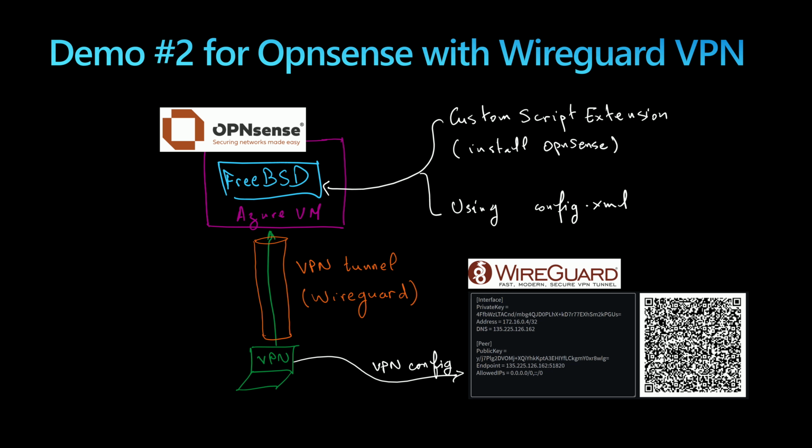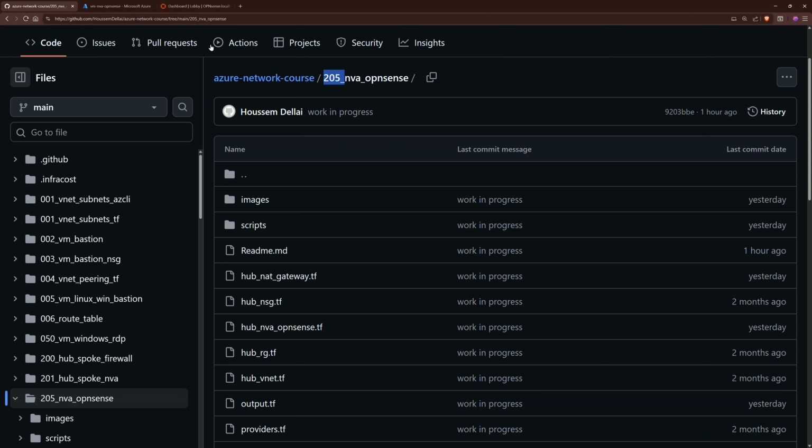One of them is WireGuard VPN, and then we'll simulate from a virtual machine that could be your machine, or in our case it's going to be an Azure virtual machine. We'll install WireGuard on that virtual machine, and then we'll generate a configuration for the WireGuard connection, and we'll use it in order to establish connectivity to the OpenSense that runs a WireGuard server within the VM. Let's see how that works.